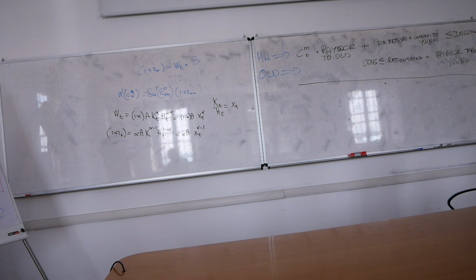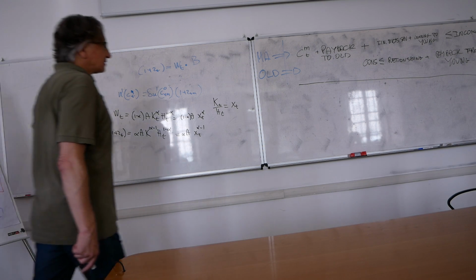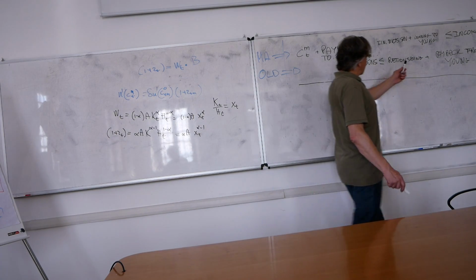What do you get? It's a real question. Well, if you put the government in, a pension in the budget constraint of the old. All right. So the pensions are what?